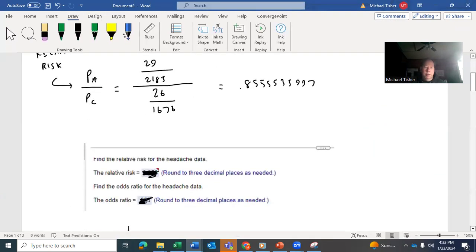By the way, it says round to 3 decimal places. So this would be 0.856 for the relative risk.